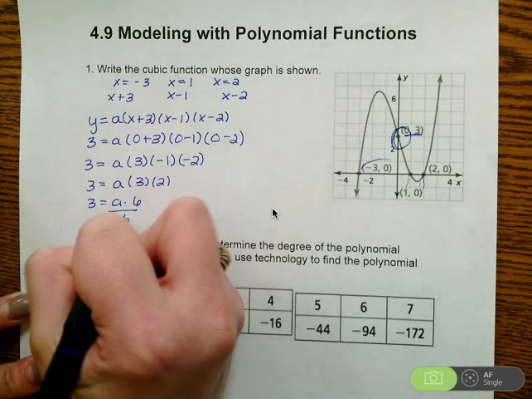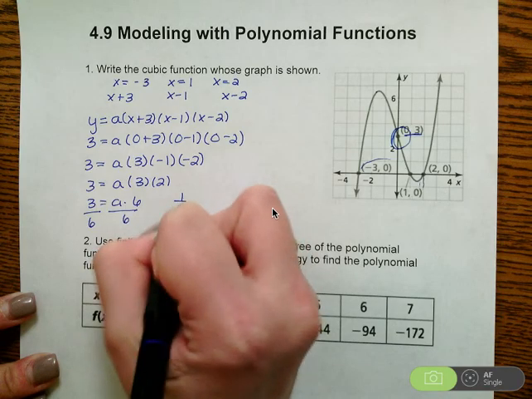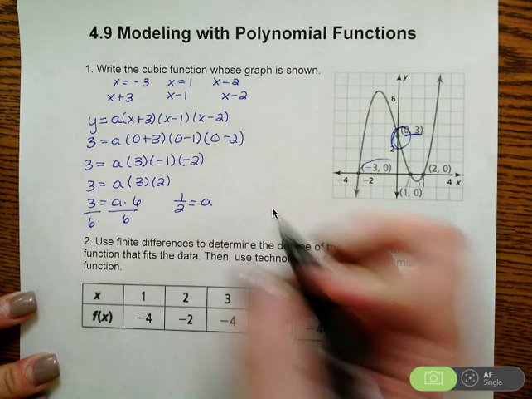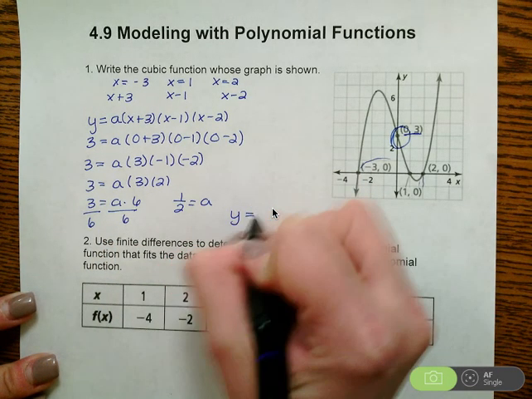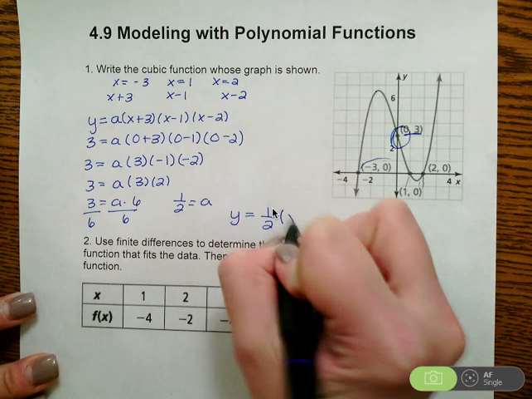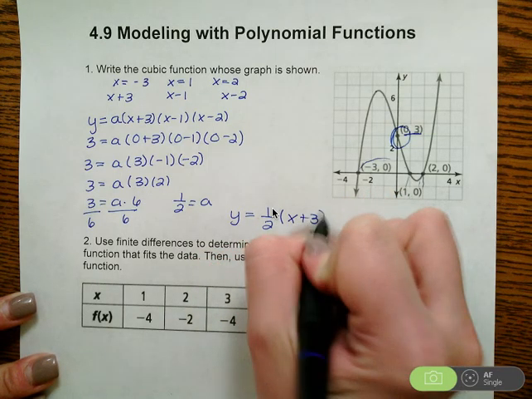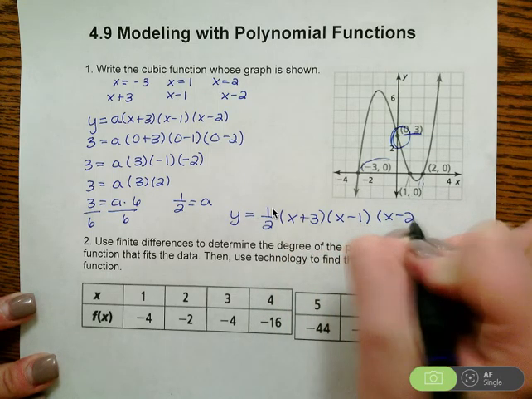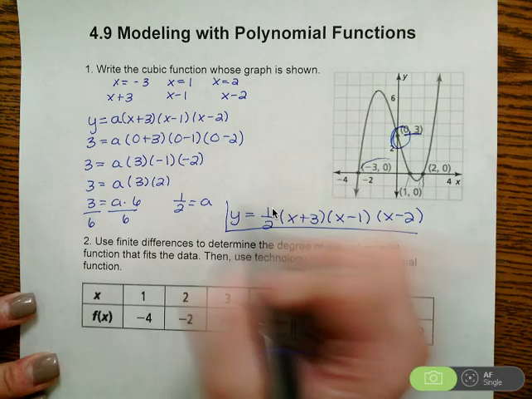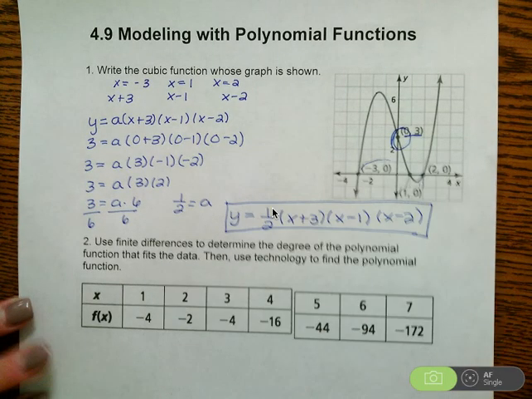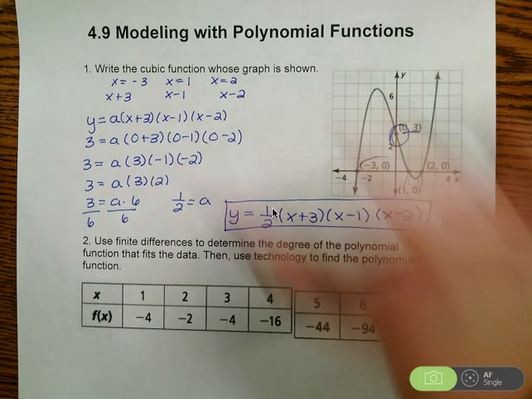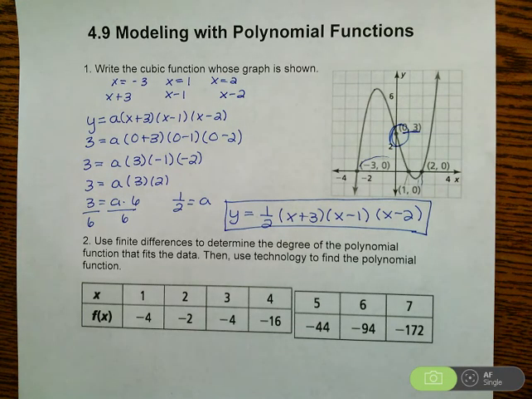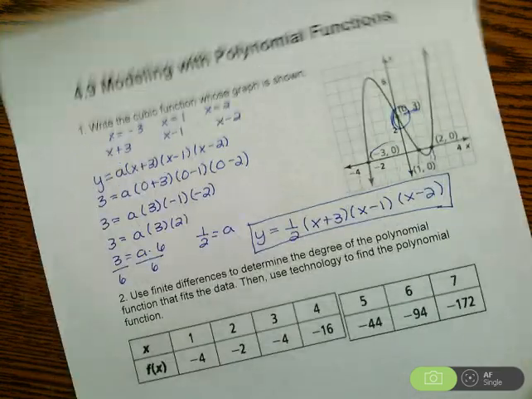Then we divide both sides by 6, so 1/2 is equal to a. And so we finish off by saying y equals 1/2 of x plus 3 times x minus 1 times x minus 2. And that is all that you have to do. You could check your work by plugging that into the graphing calculator and making sure that it was an equivalent graph. But you don't have to if you're feeling super confident.